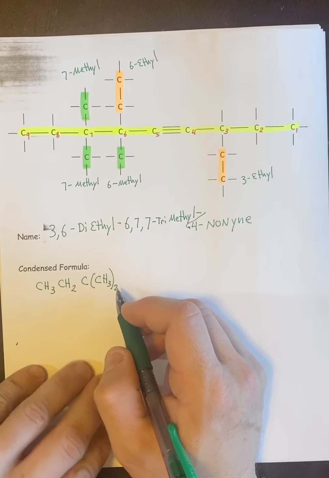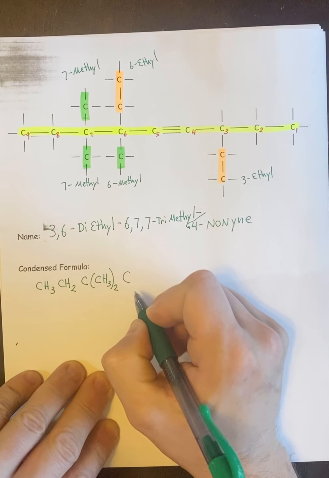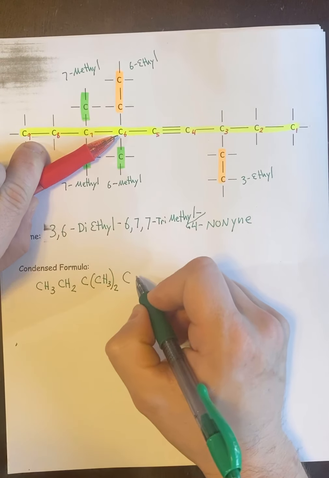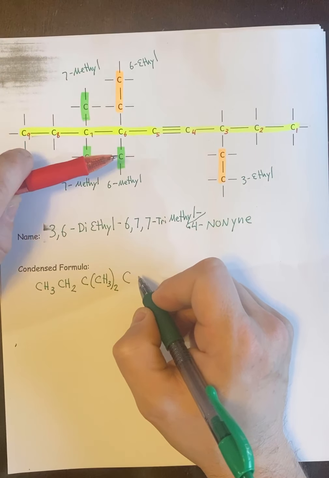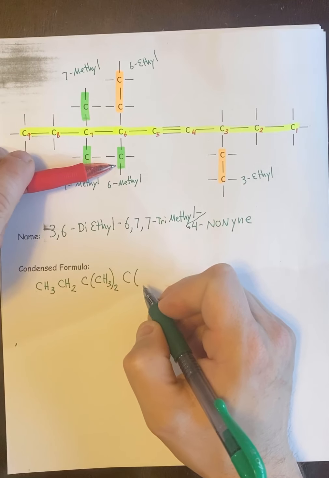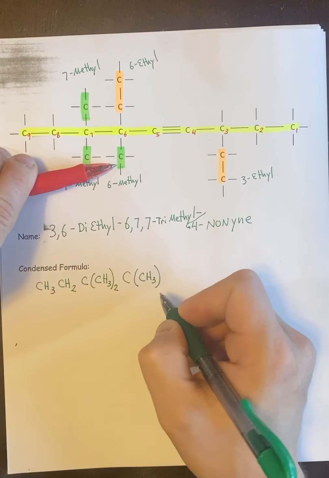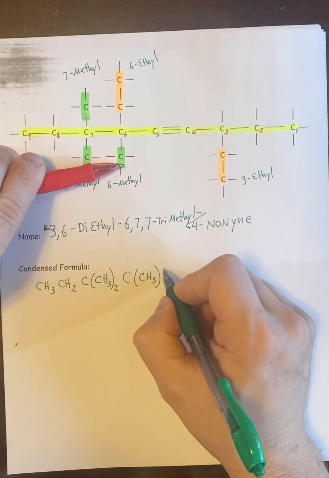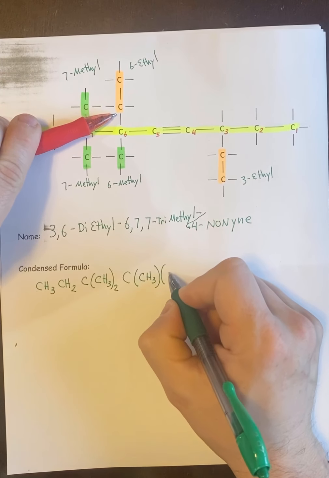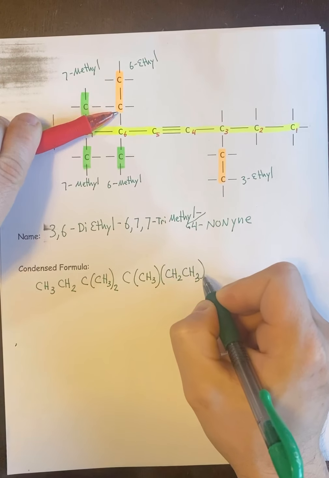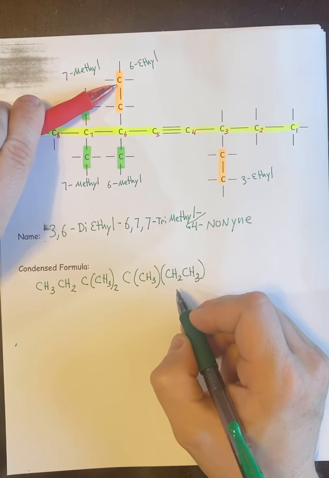When you see carbon 6, hopefully it makes more sense. There's carbon 6. There are no H's for carbon 6 either, so it doesn't matter which one I do first. So parentheses, let's do the bottom one first. CH3, close it. That's for this one. Then I do another set of parentheses, CH2, CH3, that's this one.